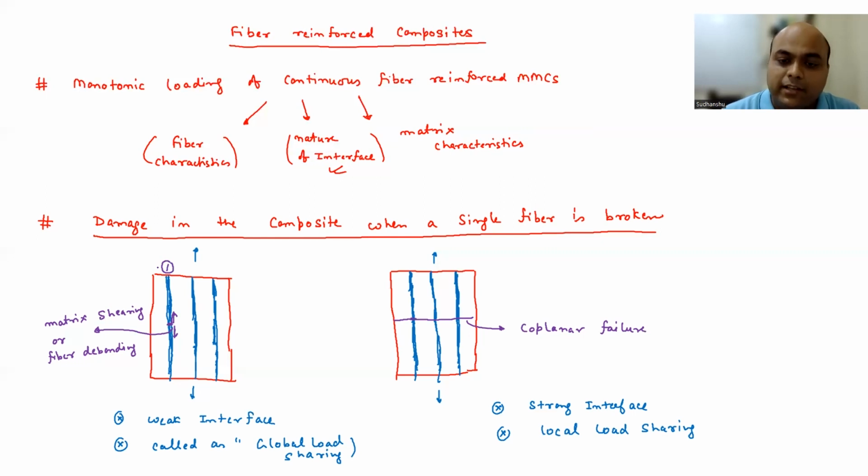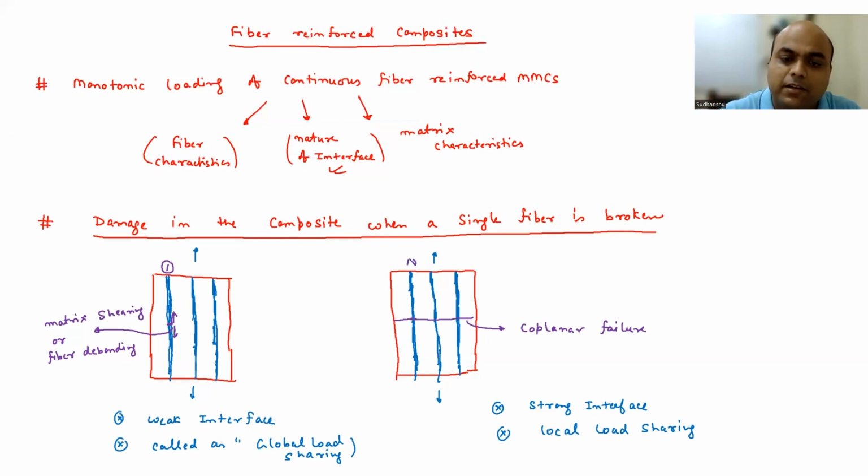Now, in the second case, there is no deflection or debonding of the crack because your interface is not weak, it is strong. So once one of the fibers has broken, the load cannot be distributed homogeneously. It will result in the continuous fracture of adjacent fibers. So let's say this is number one.